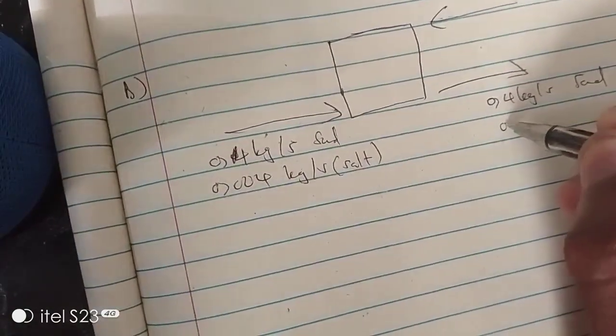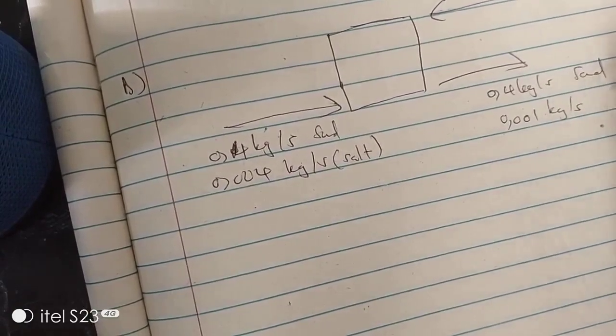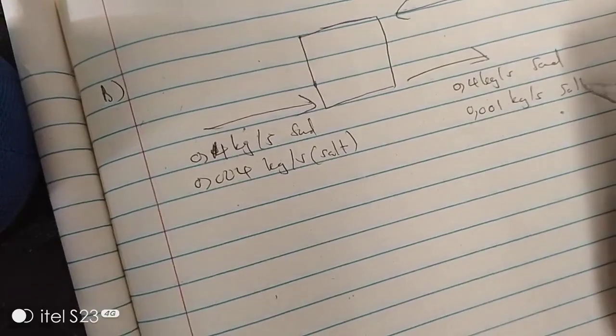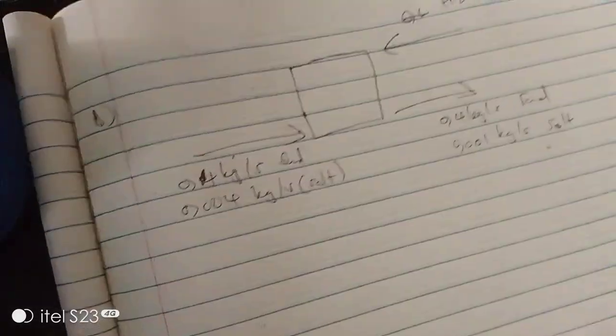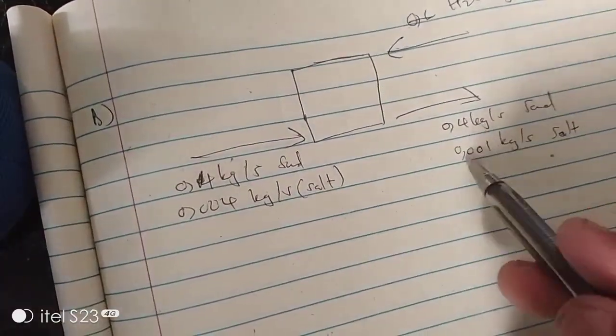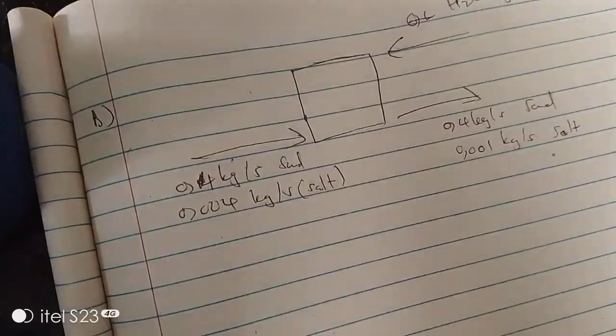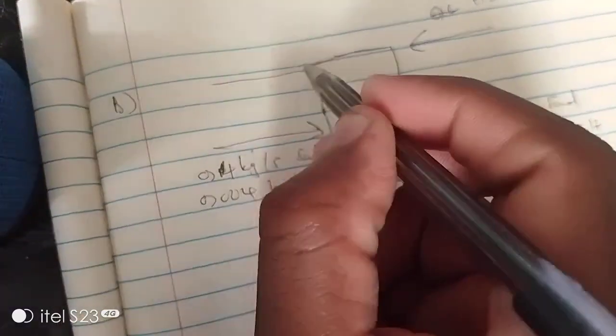The same amount of salt, that is 0.001 kgs of salt is what is produced, because we're washing, we want the same amount of salt and sand. After being dried, we are only left with salt and sand. So this is the salt, this is sand. Now we're told to find the water amount.